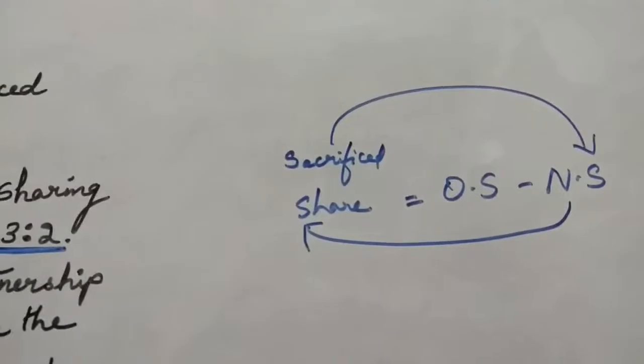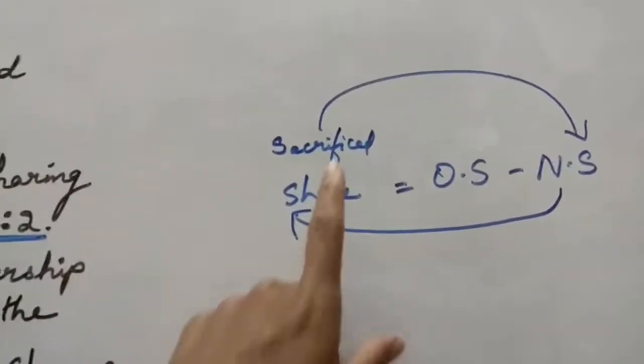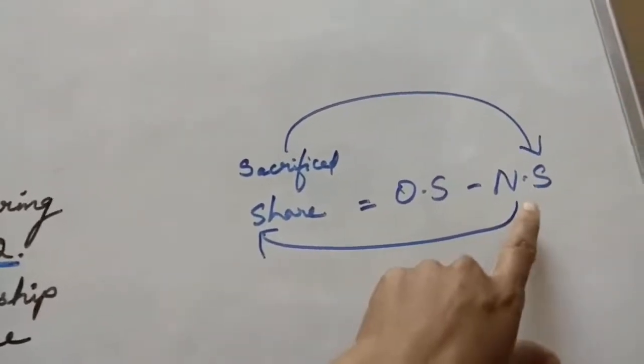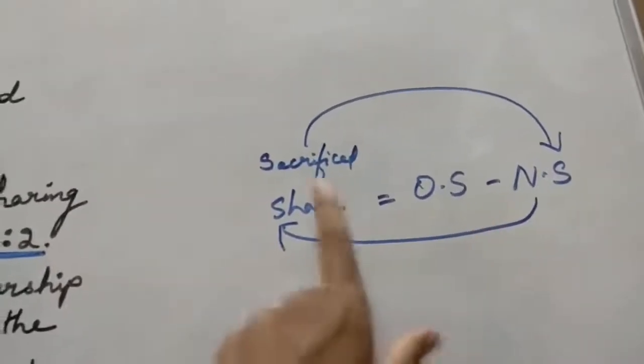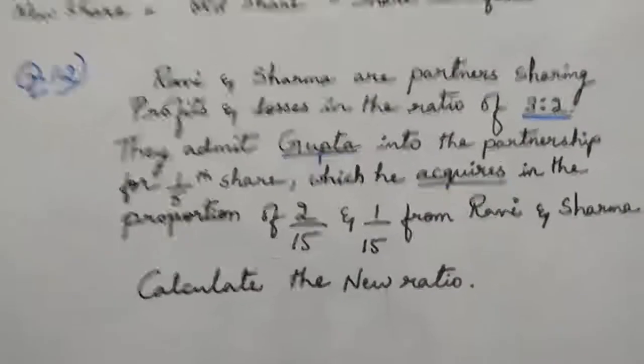This is a very simple way to remember the formula. If you know sacrificed share is old share minus new share, new share will be old share minus share sacrificed. That's it.